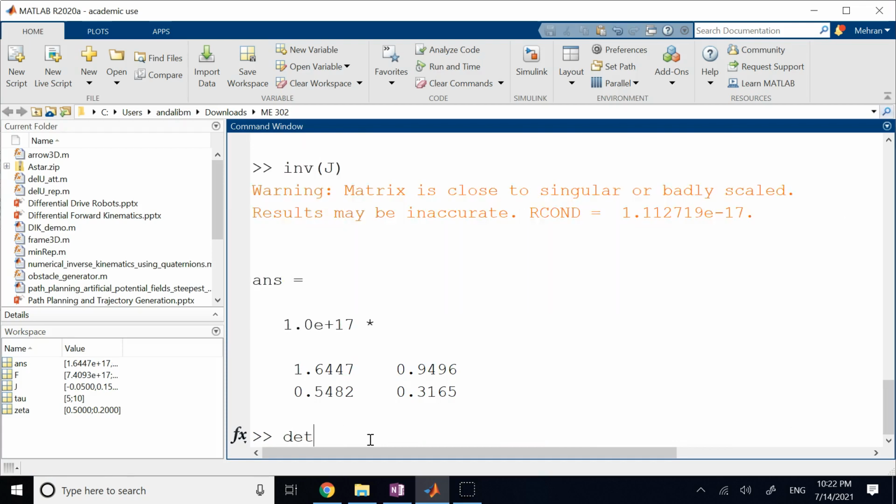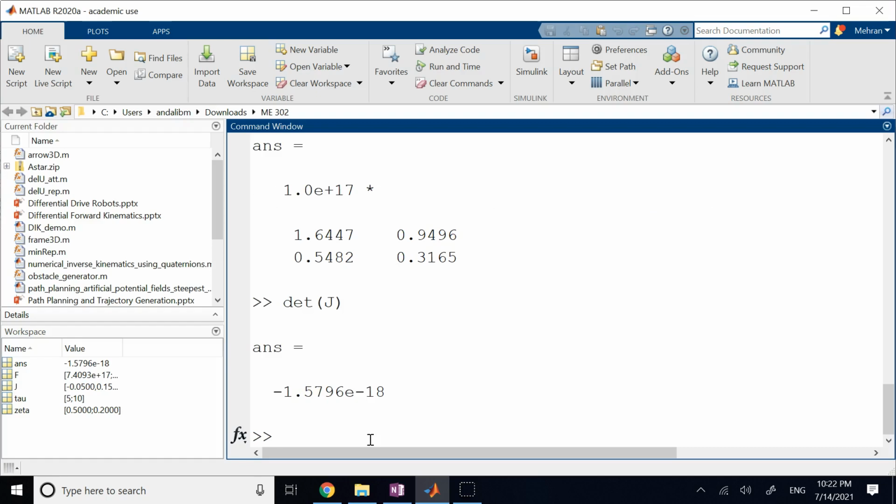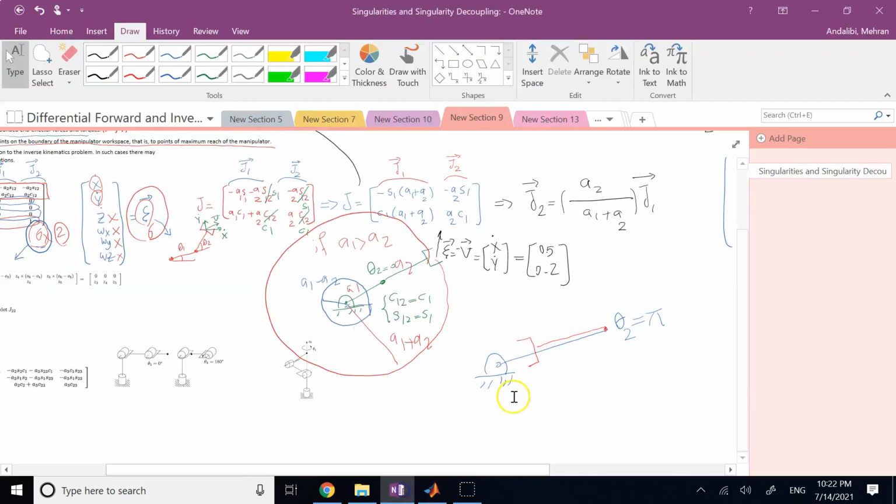Now if I say what is the inverse of J, you see that the numbers are huge, or if I say what is the determinant of J, you see it's practically 0. So it doesn't matter whether theta is 0 or pi, because your end effector is on the boundary of the workspace. For both of these, your solution is not going to exist to the inverse problem, to the static problem, and so on. So this robot in general has two singularities.